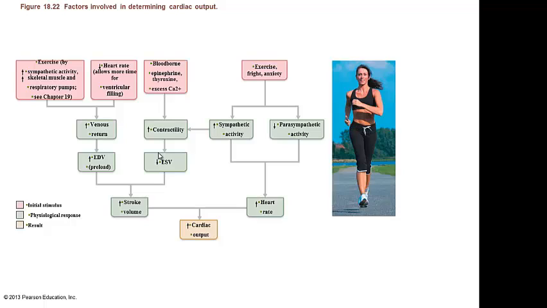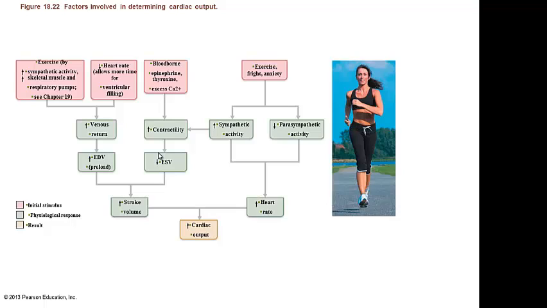Stroke volume. That's something that is calculated. It's something that you'd have to actually go in and internally measure, but it can be calculated based on the patient's age and weight. In this problem, they used an average of 70 mils.